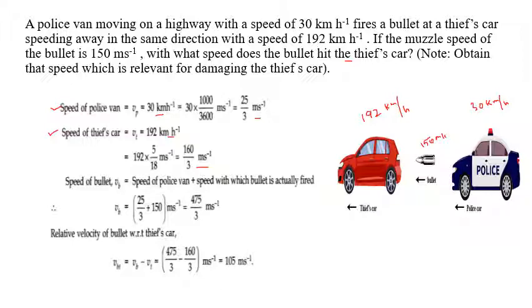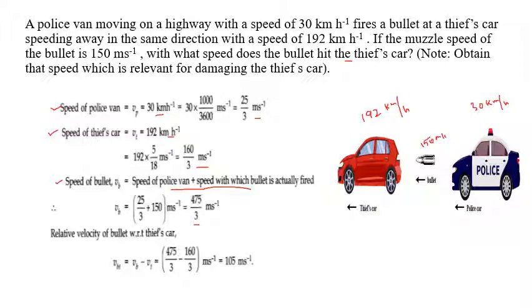Right, and the speed of the bullet will be V suffix B. So this speed of the bullet will be the combination of the speed of the police van and the speed with which the bullet is actually fired. So VB is equal to 25 by 3 plus 150. So the speed of the bullet will be 475 by 3 meter per second.